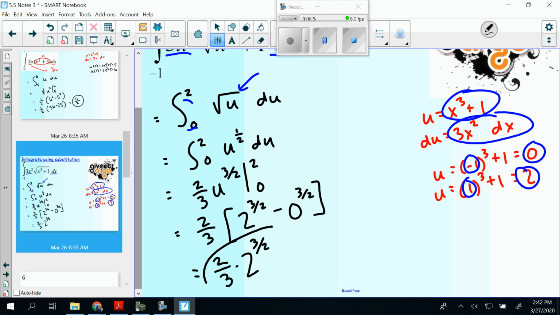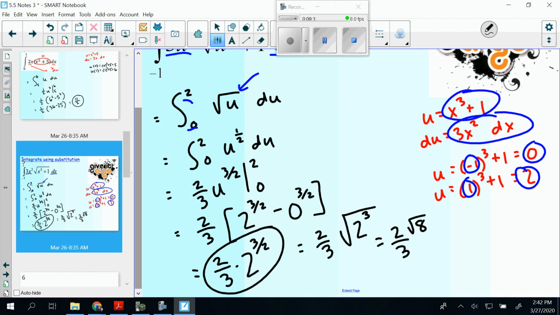Otherwise, another way you could write that would be 2/3, and remember the bottom number is like a square root, so it'd be like square root of 2 to the 3rd power, which is the same as square root of 8. So you could write it like that.